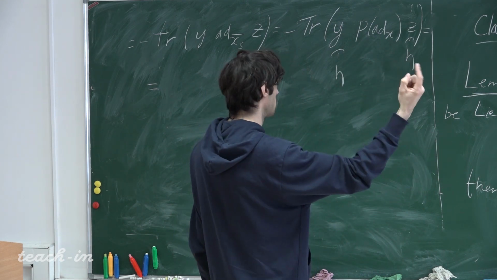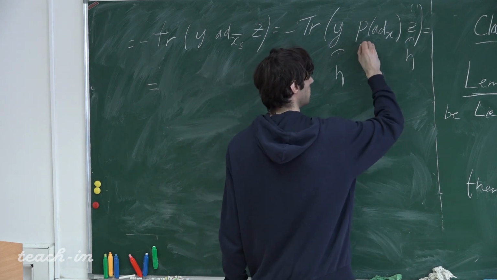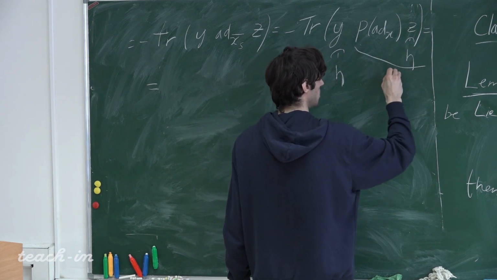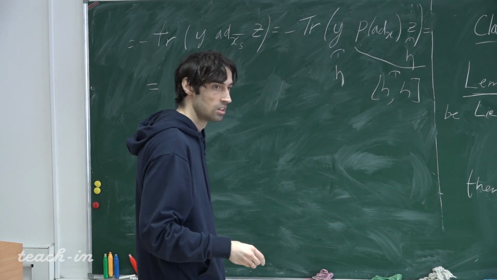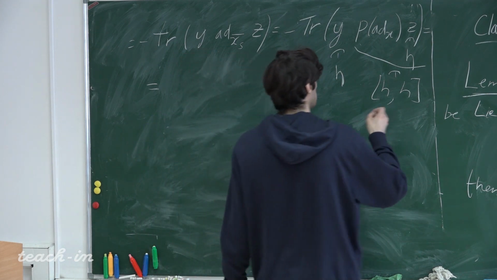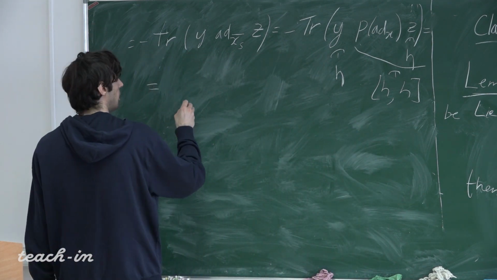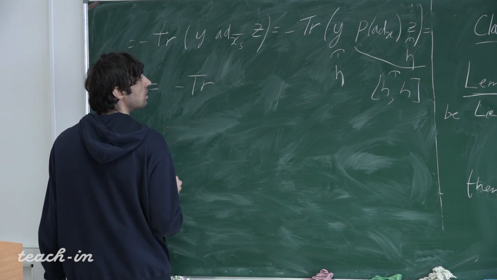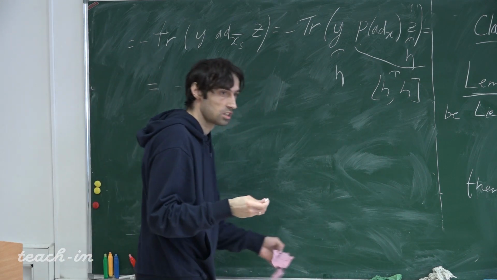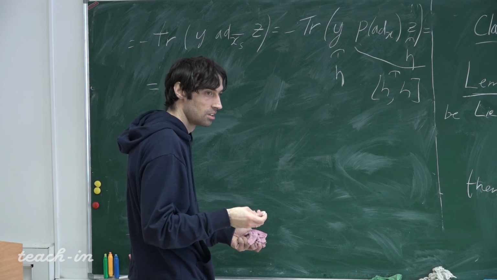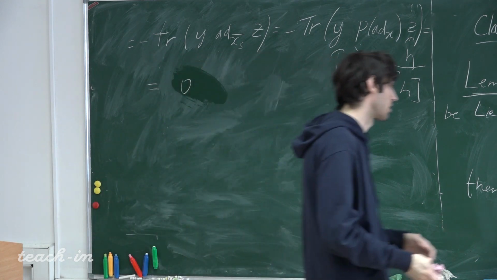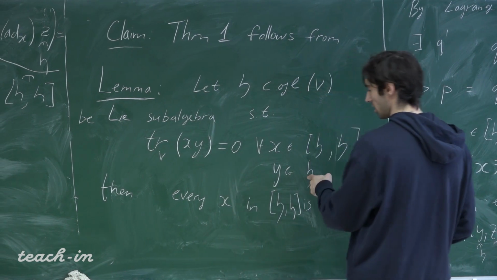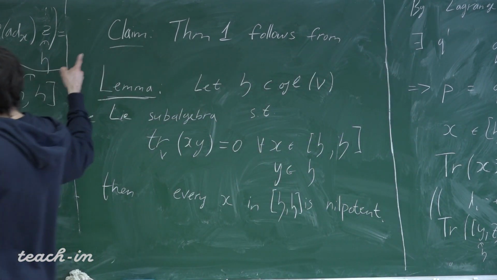It's in the commutant, but it's in H. So therefore, the whole thing is in the commutant. So therefore, its negative trace is just 0 by condition of lemma. Right? If I take something from H from the commutant, another thing from H itself, then it's 0.